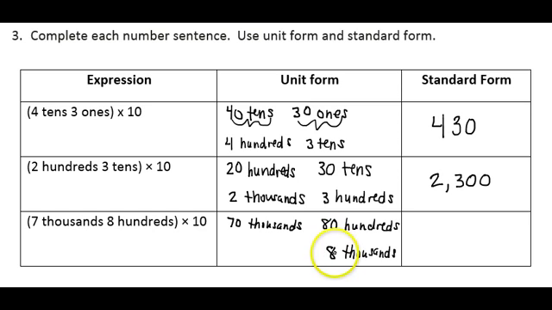I have 80, so I have 8 thousands. Let's look at our 70 thousands. 70,000 would be the same as 7 10 thousands. So let's write 7 10 thousands and 8 thousands together in standard form. Here's my 7 10 thousands. Here's my 8 thousands. I have 0 hundreds, 0 tens, and 0 ones.